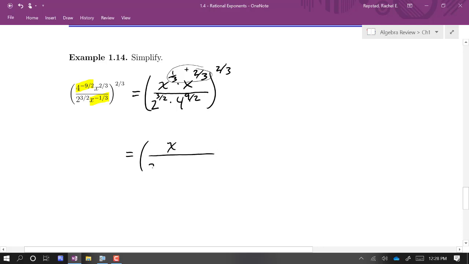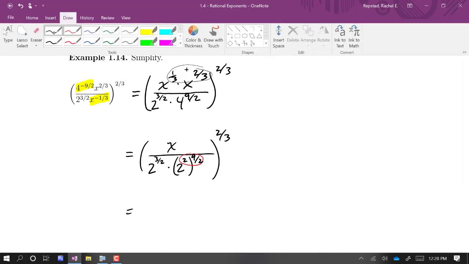Now on the bottom, I'm going to rewrite 4 as 2 squared. Because now I could see I've got a power to a power. I can multiply those exponents. 2 times 9/2 is 9.